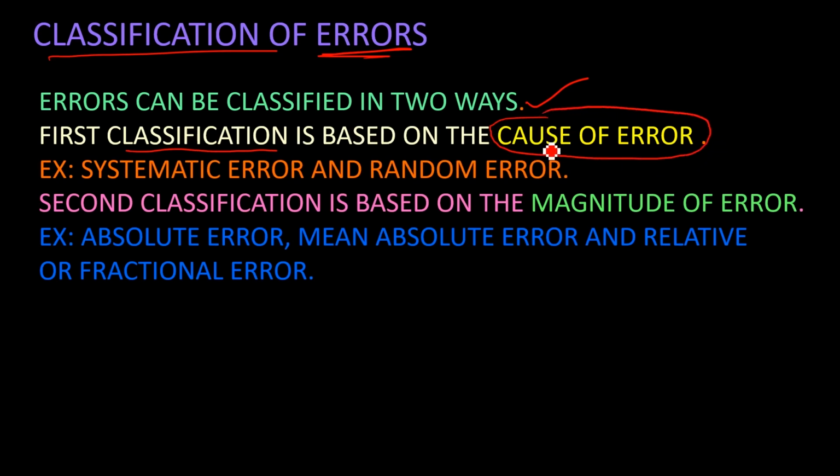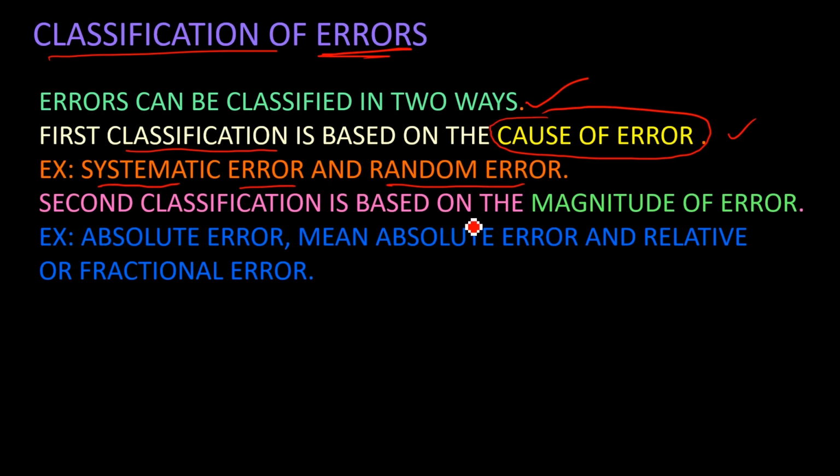For example, systematic error and random error. One is systematic error, another one is random error.